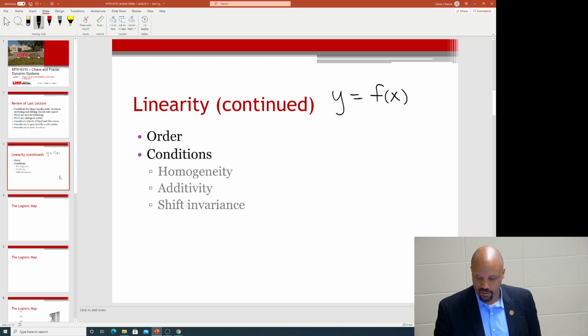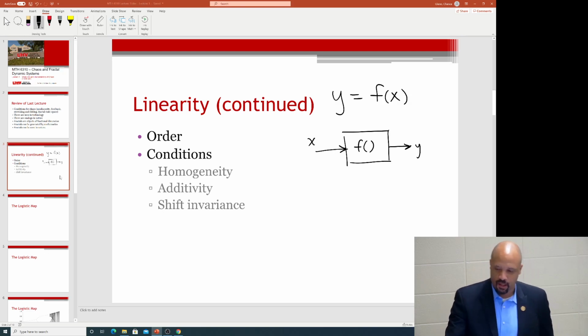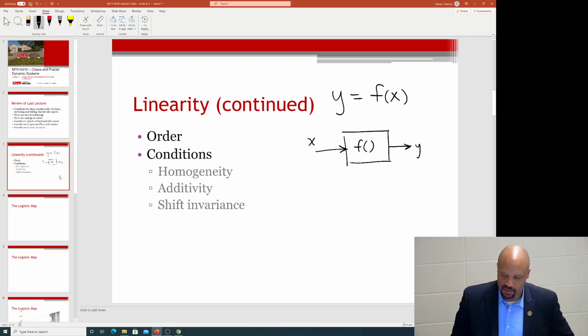You have your input x and your output y, and f is what governs. That's what's inside the box.